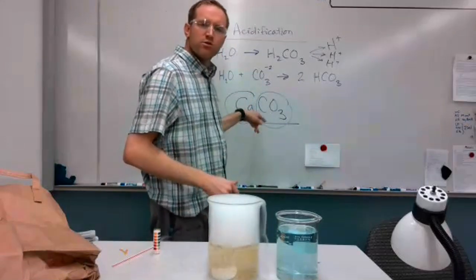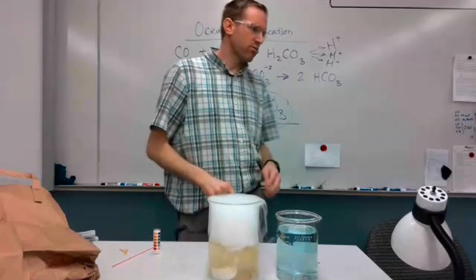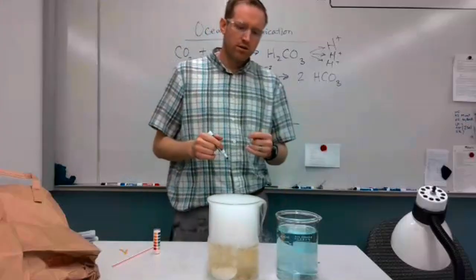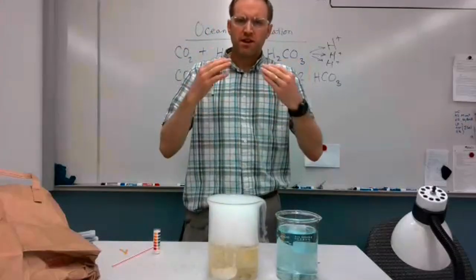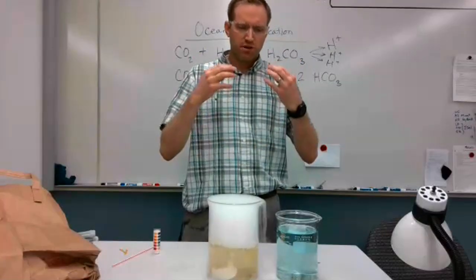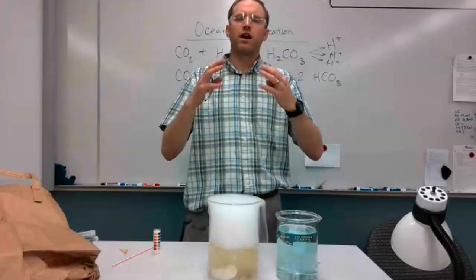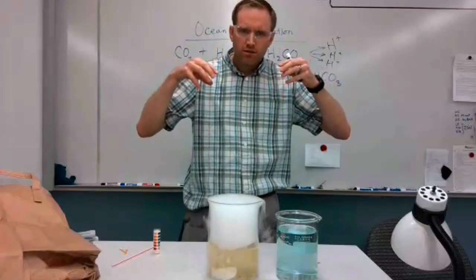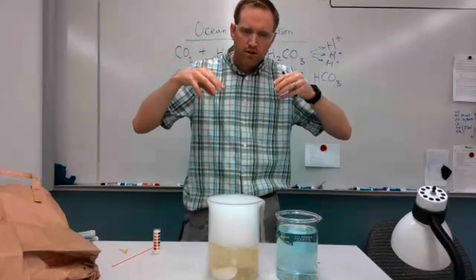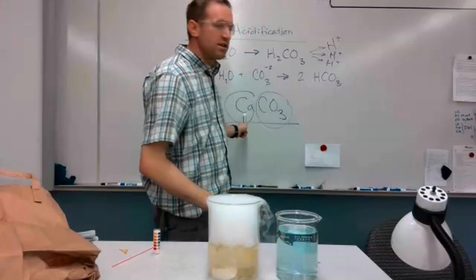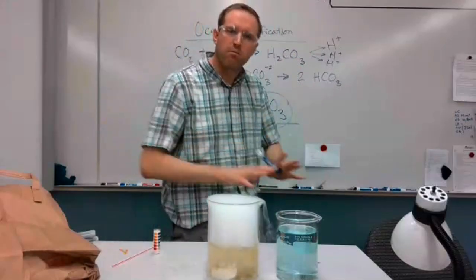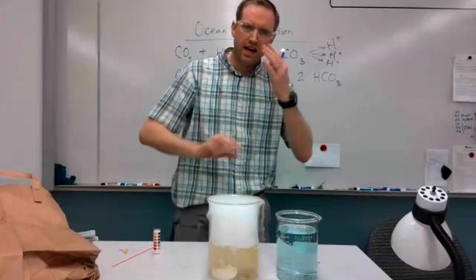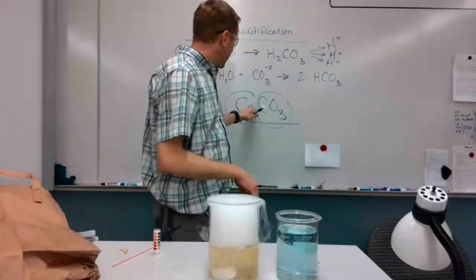But how were those replaced? Well, it was from weathering of rocks. So rocks would be weathered and chipped away from different forces, and as the rocks weathered, the calcium and the carbonate in those rocks got back into the ocean. So it was kind of this cycle, and so that could be replenished.